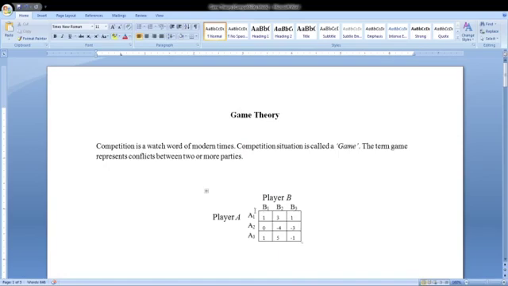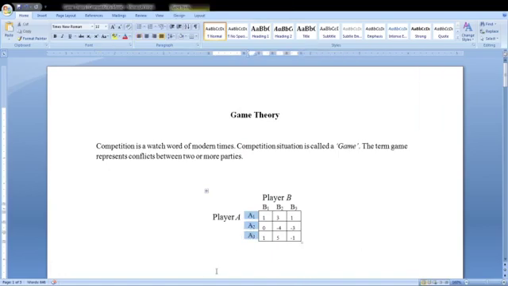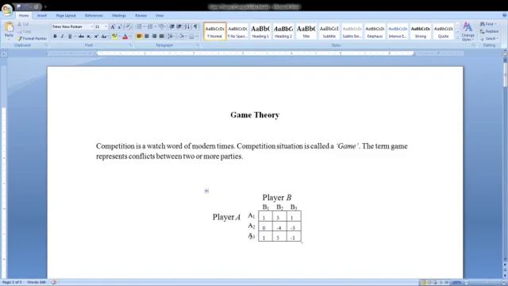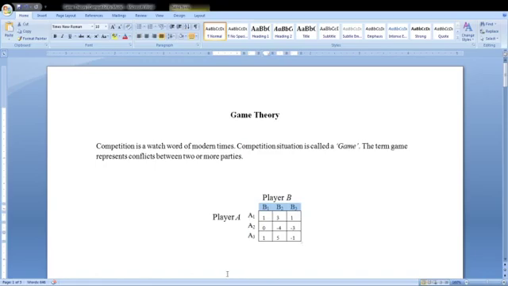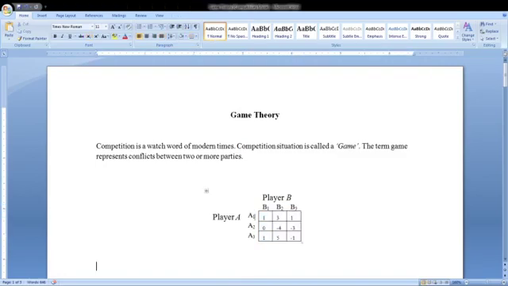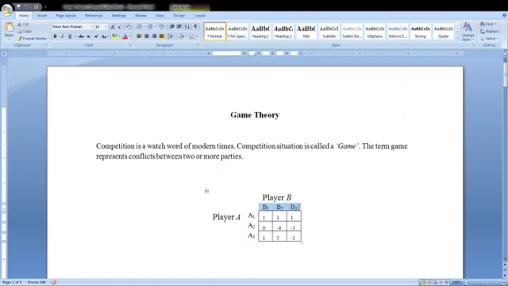Now player A has strategies. In this particular example, there are three different strategies for player A, and three different strategies for player B. This is the game theory table, also called the payoff matrix. In the payoff matrix, the gain of one player is the loss of another player.